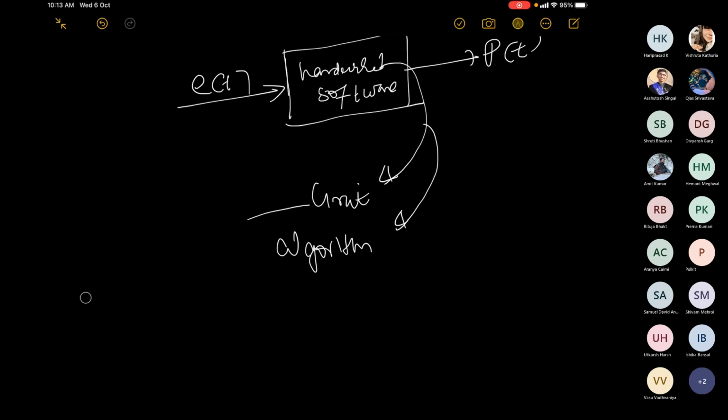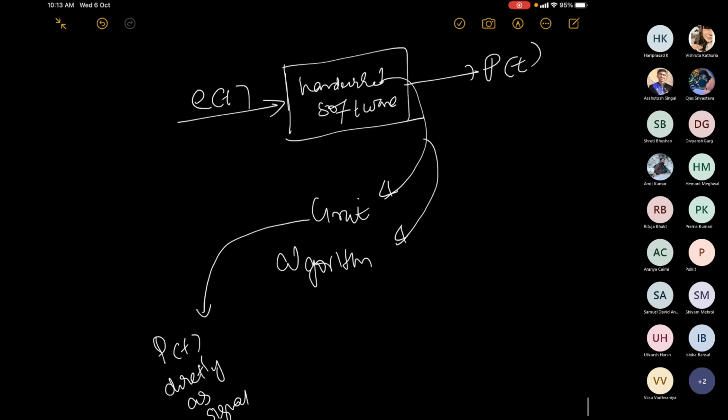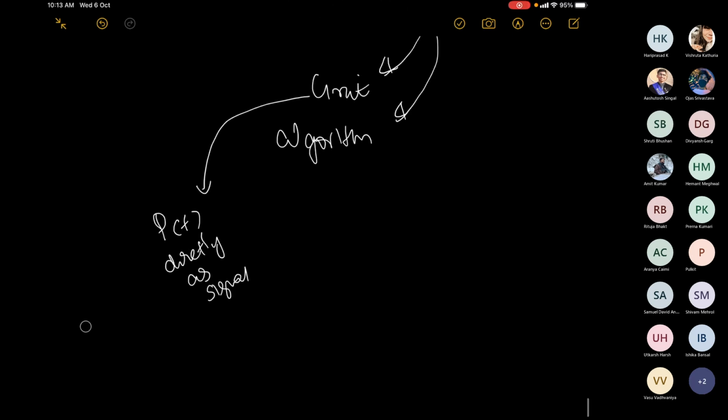If it is a circuit, P of t is coming out directly as a signal, because it's a circuit, right? It takes a signal, does some manipulation, and the resultant goes out as a signal. While the algorithm gives a number.